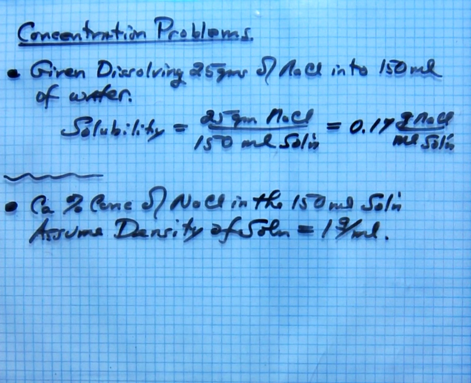So you'll have to have density. Typically water by itself is 1 gram per mil. And if you have what we call a dilute solution, then the density is usually assumed to be 1, and the mass can be calculated, and you can calculate a mass-mass ratio.